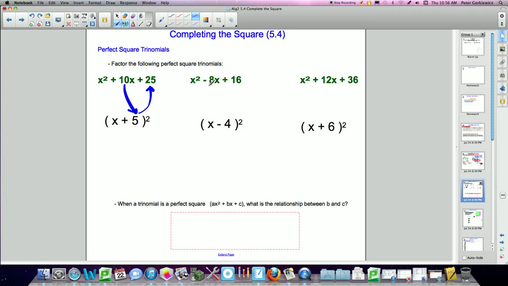Same thing here. −8, cut it in half, −4, square it, 16. 12, cut it in half, 6, square it, 36. It happens over and over again, right?